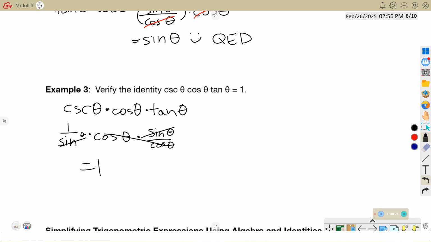You're looking at things that are defined as fractions and seeing if substituting in those definitions will reduce things. So in this case, cosecant became 1 over sine. Tangent became sine over cos, because that's how we defined it. So it didn't disappear. We replaced it with something equivalent, and then pieces of it canceled out. No, that was a good question. Other questions?